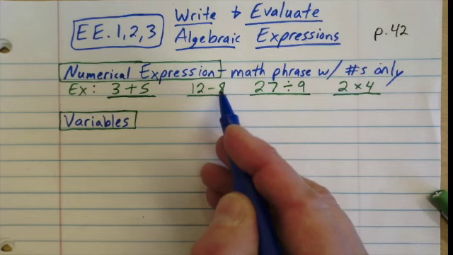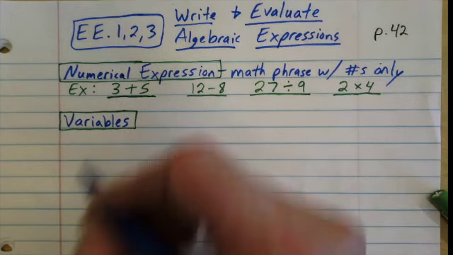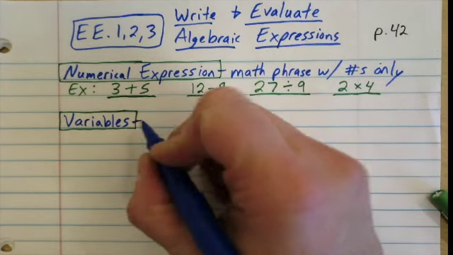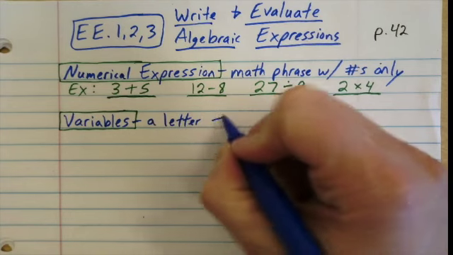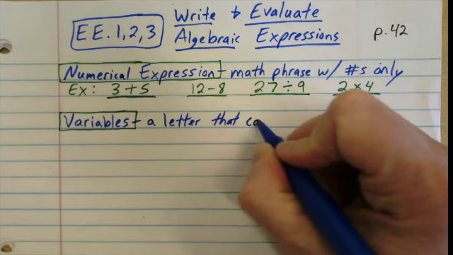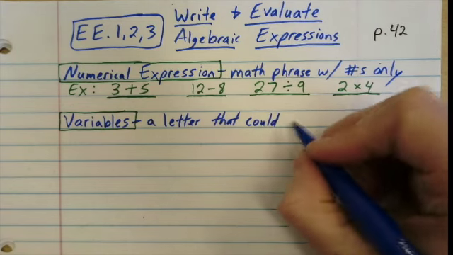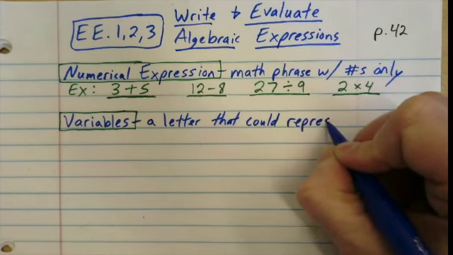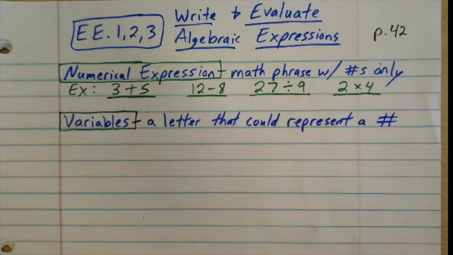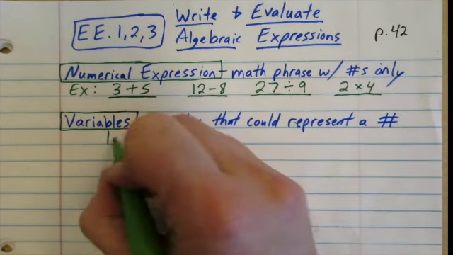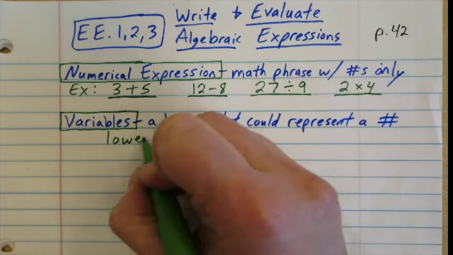You could just put a letter there that could be substituted to represent a number. So variables are a letter that could represent a number. Variables are always lowercase, so I want to make sure we know that they are always lowercase.